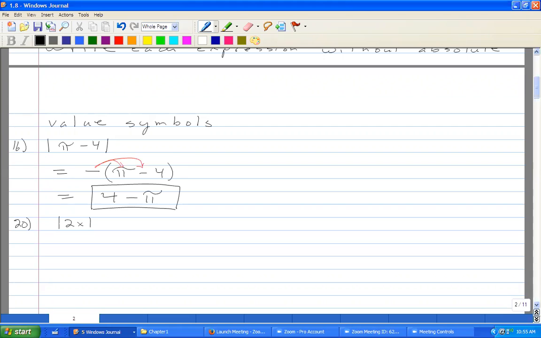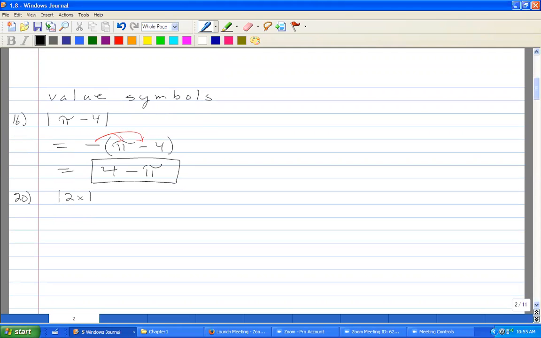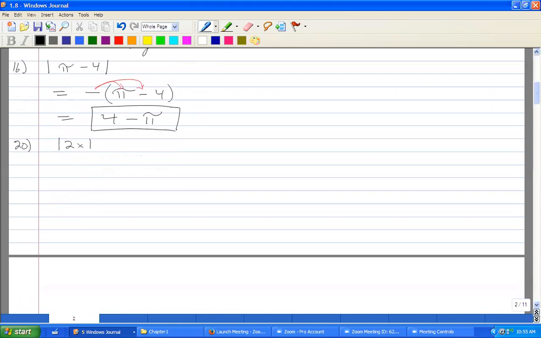Let me do problem number 20. I want here the absolute value of 2x. This is the same as the absolute value of 2 times the absolute value of x. The absolute value of 2 is just 2.